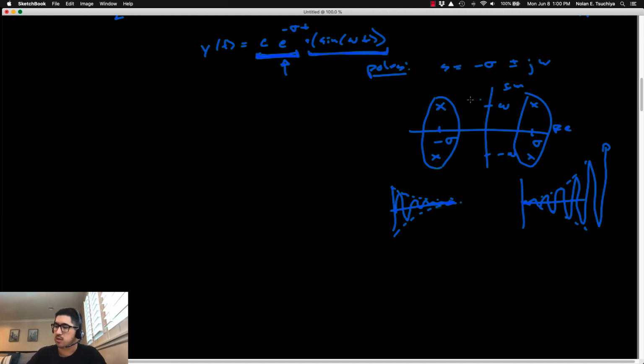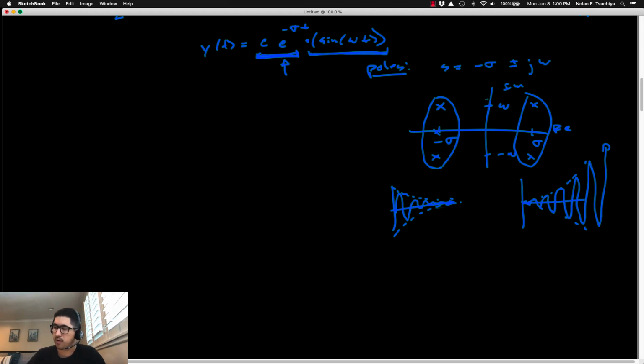So whether or not your poles are on the real axis or out in the complex plane, so far it's looking like if the poles are to the left of the imaginary axis, the system response is stable. If the poles are to the right, it's unstable.